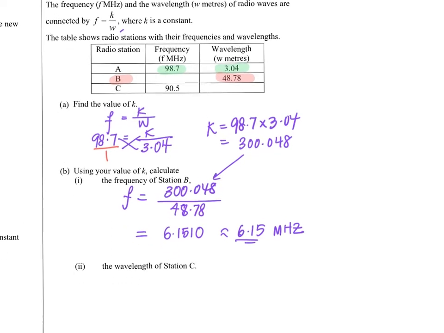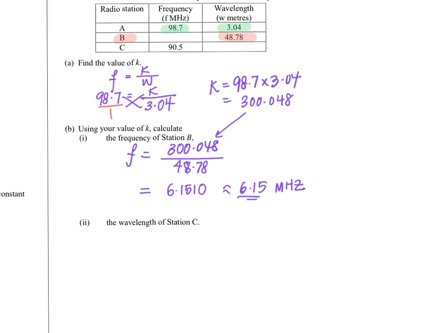Right, last but not least, find the wavelength of station C. So I know my frequency is given in the question, station C, to be 90.5. So I'm going to use 90.5 equals 300.048 over the wavelength.